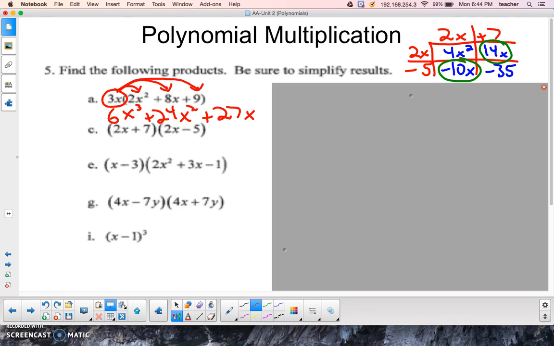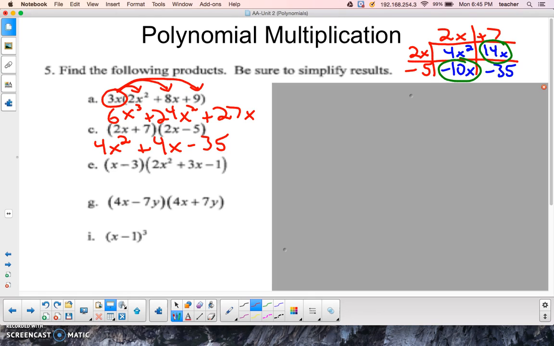And if I combine those like terms, I'm going to write this in descending order. So I'm going to start with the 4x squared. I can combine my 14x and my negative 10x. This gives me plus 4x and minus 35. And this is the product of the problem, 2x plus 7 times the quantity 2x minus 5.